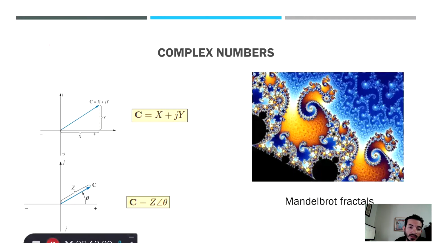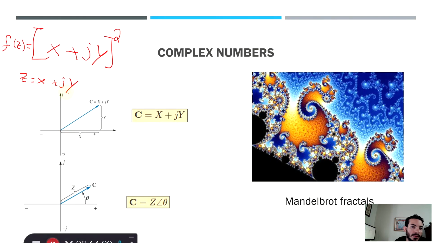Say you have a function that is x plus y squared. This is my function. So a function of z equals that, where obviously z is x plus iy.